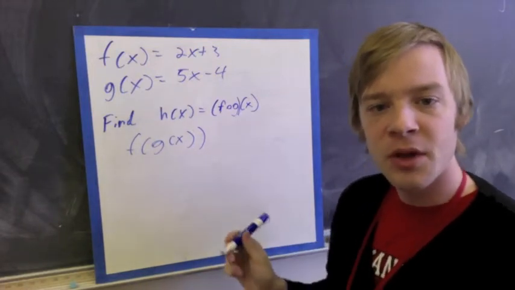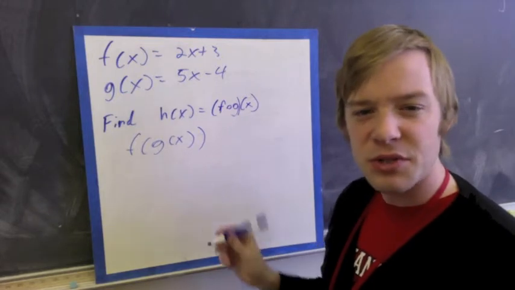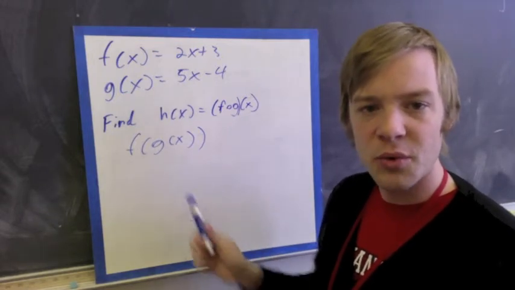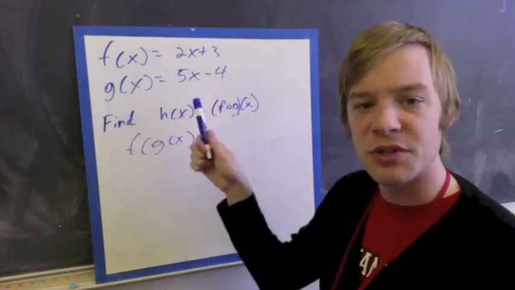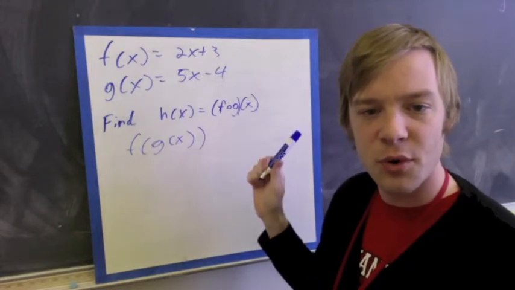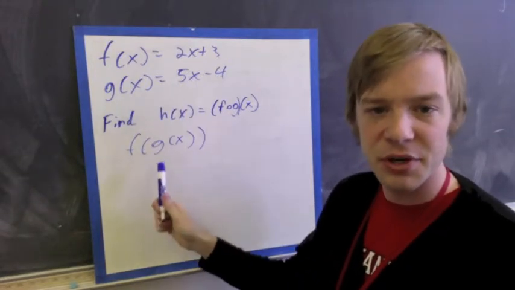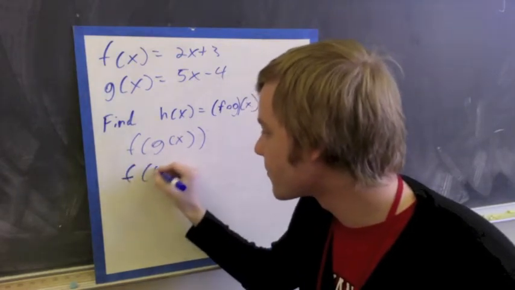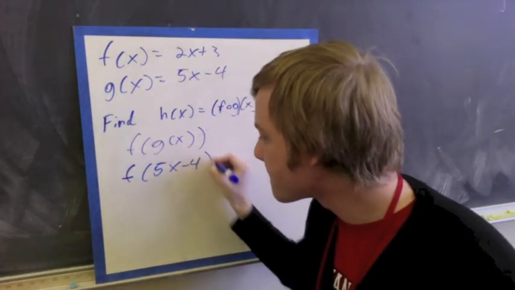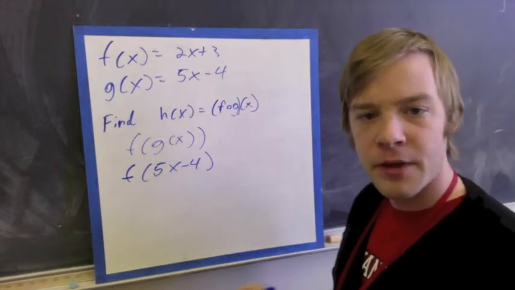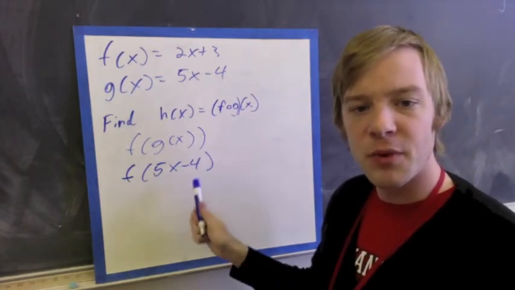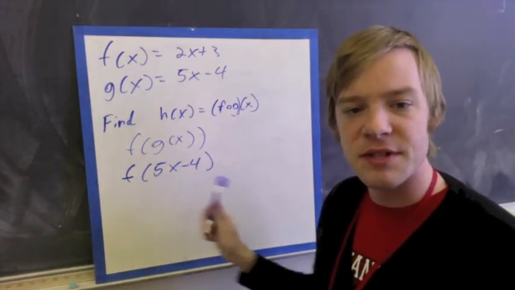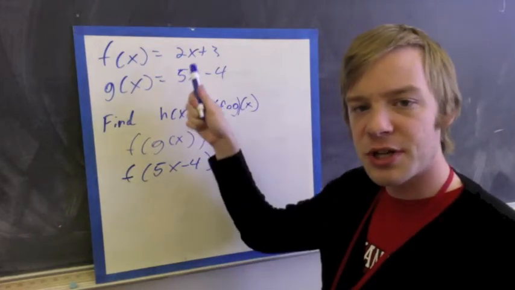Well, if we take a look at this, and we just think about this like an equation, we know what g of x is. We know that g of x is equal to 5x minus 4, so we can take this and put it in place right here, just like that. You should also remember that when we change what's inside the parentheses of a function, that's going to change what's in place for this x.